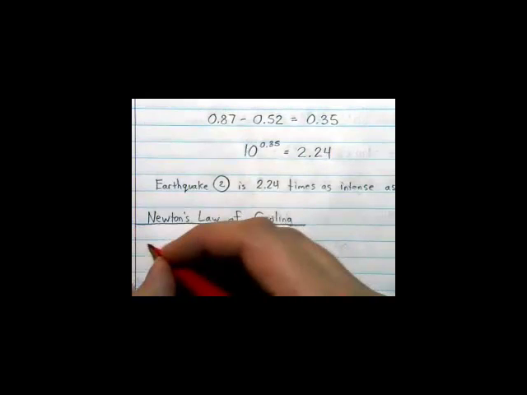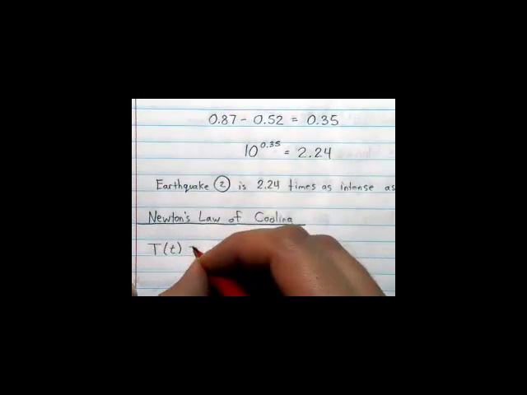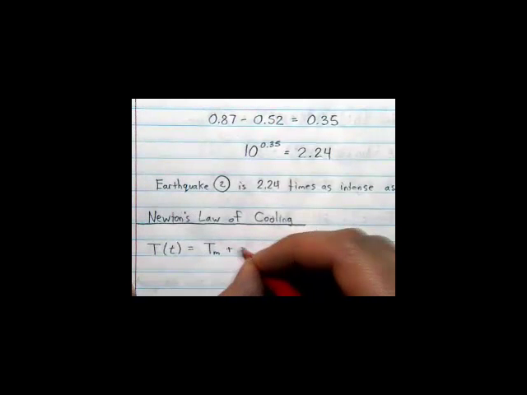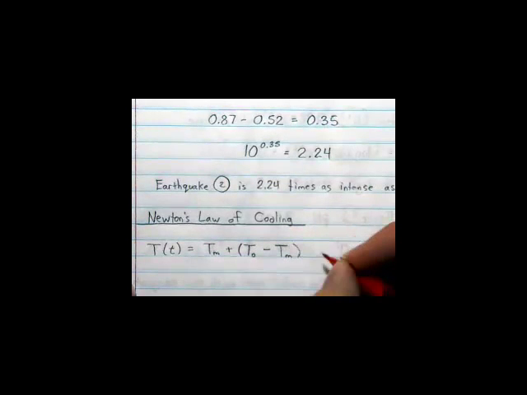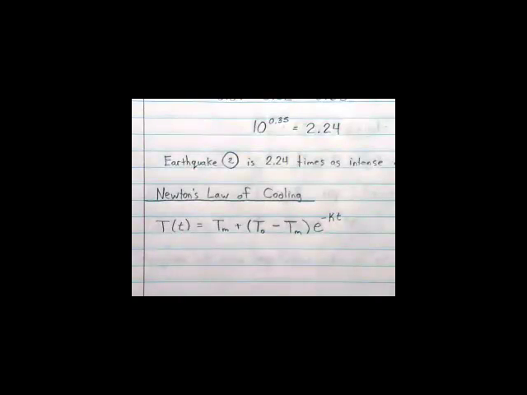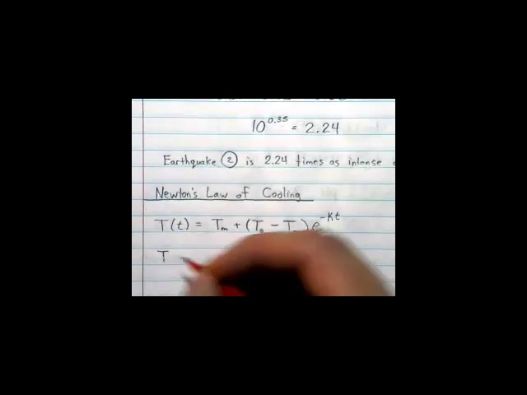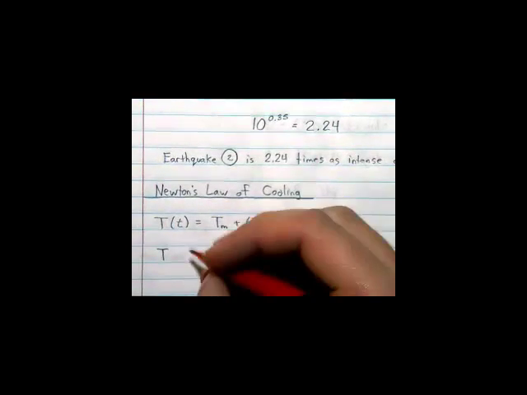So in any event, here's what he's got going on. There's this equation that I'll write out for you first, and I'll explain what all these little variables mean. The big T here is the temperature after a certain amount of time.